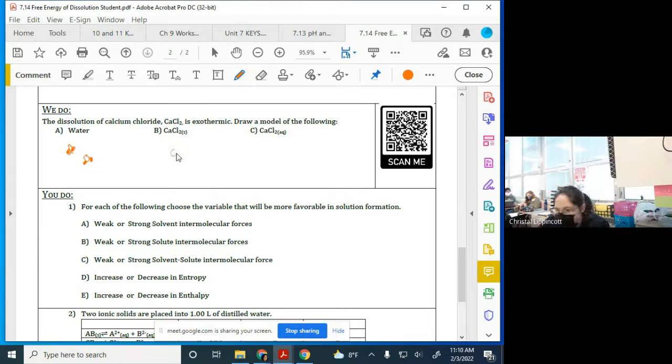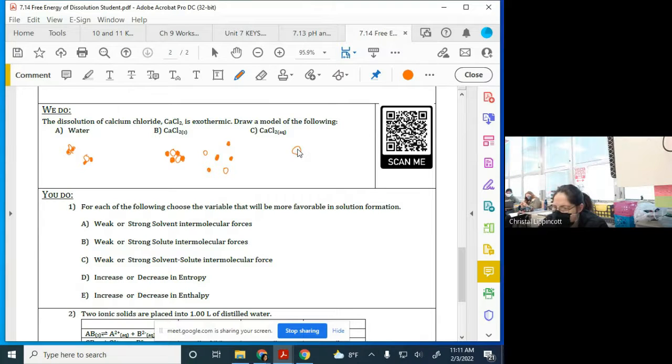Our calcium chloride was hooked together, something like this, in one of those matrices, and now they're going to come apart into individual ions. So you're going to end up with something like this. And then we're going to form an aqueous solution.